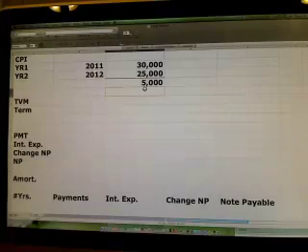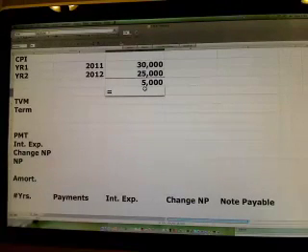The next step to solve for CPI is to figure out the rate of change between year 2011 and 2012. So how I go about doing this is I take my 5,000 and I divide that by my base, being year 1, the 30,000. And as you see, I have an inflation rate of 17%.